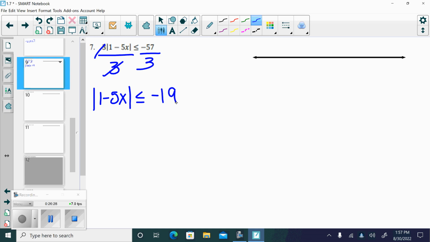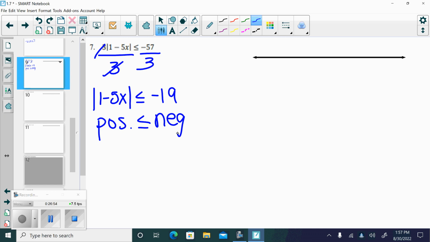The absolute value of 1 minus 5x is less than or equal to -19. All right, so once again, we have our absolute value, and a negative. So hold on, this is where things change. In the other problem, we had a positive greater than or equal to a negative. Okay, now we have something different. My absolute value is always positive, but I have a positive less than or equal to a negative.